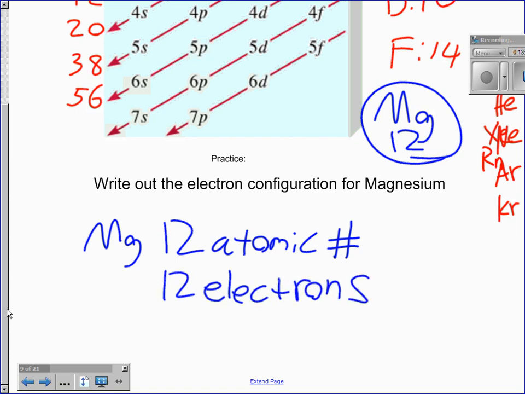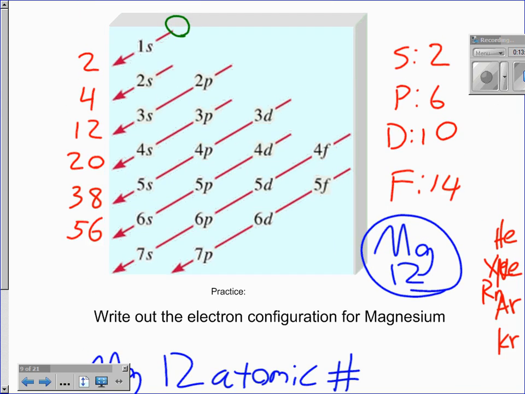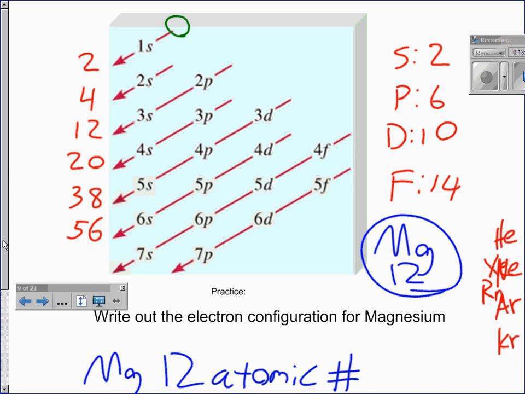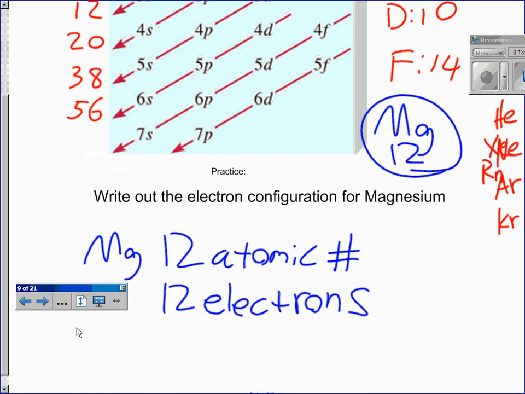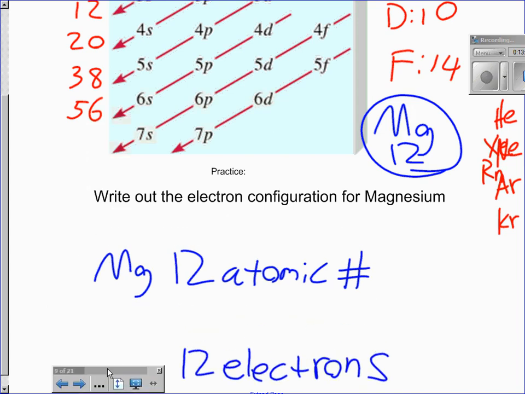If it has 12 electrons, we're going to need to map out every single one of those 12 electrons and where they go. We're going to use this little table up here, the electron configuration table, in order to map out where every single one of those electrons goes. So let's go ahead and do it.